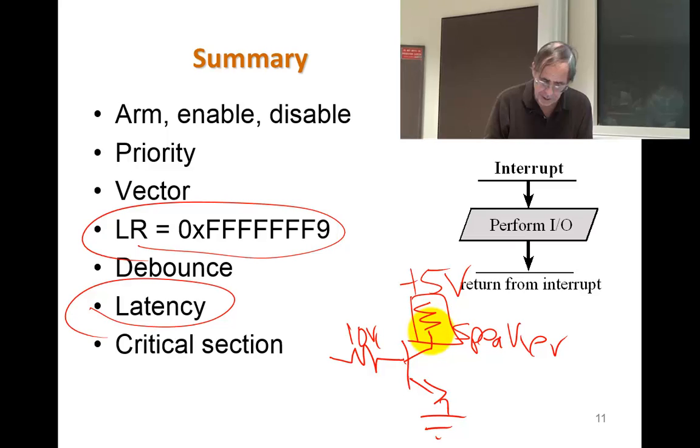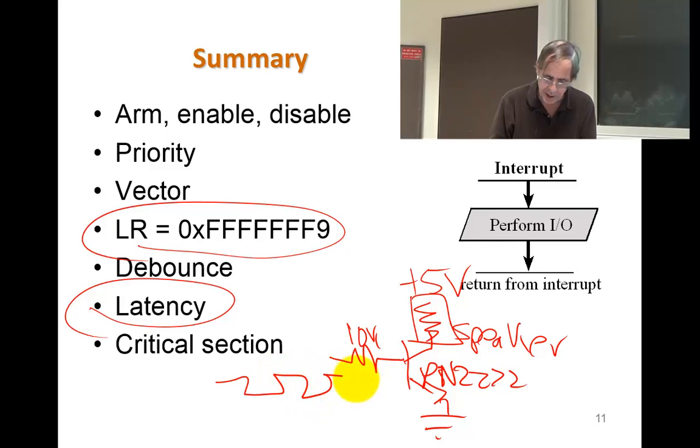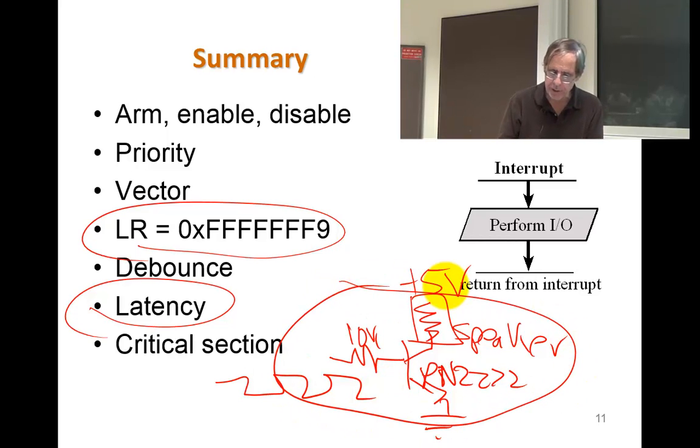This is the speaker, and this is going to be a PN2222, and we're going to generate a square wave right here, and that's going to make the speaker buzz. So we're going to talk next time about how we use a BJT to interface a speaker so that we have sound. Questions?